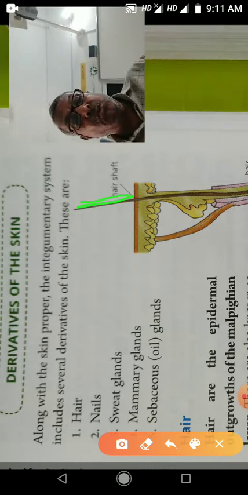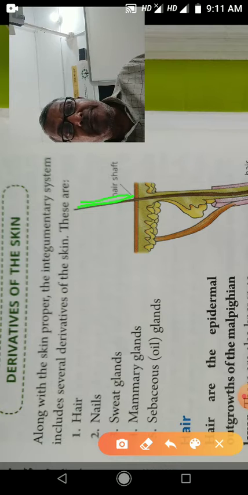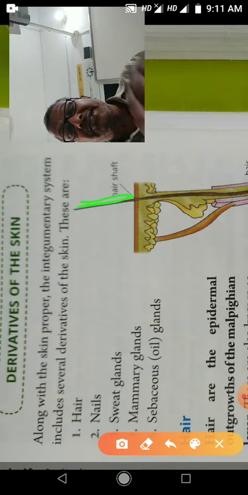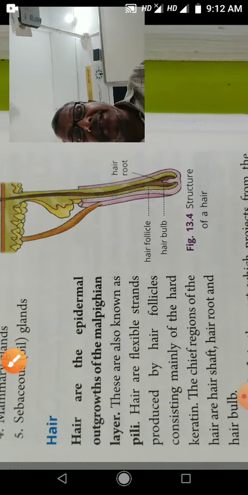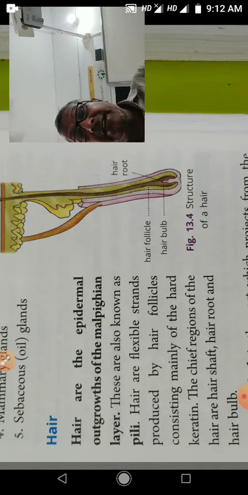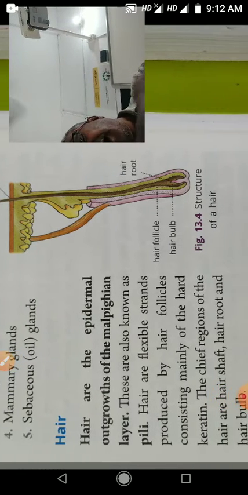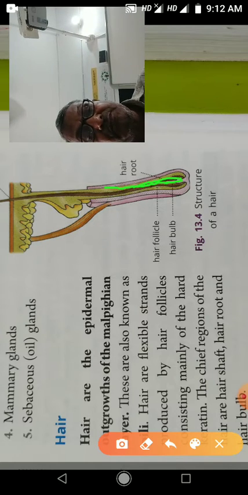Second is the hair root. Hair root is the part of the hair embedded in the skin within epidermis. So this portion of hair is embedded in the skin, in the epidermis. So this is called root.